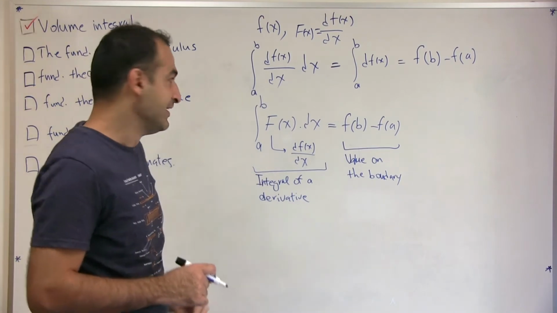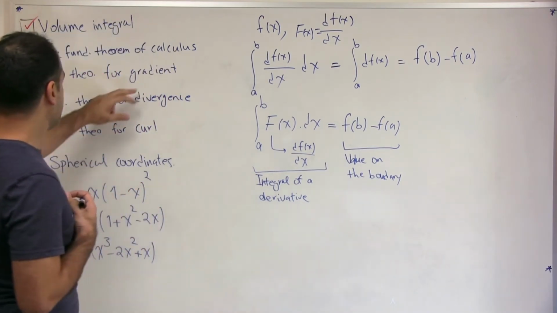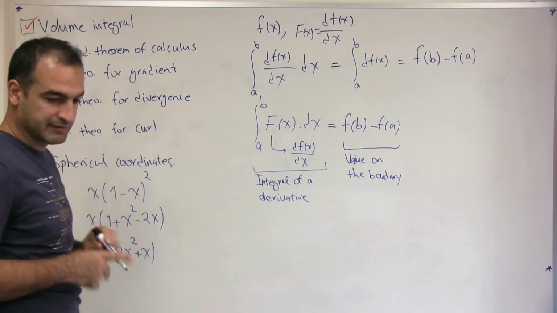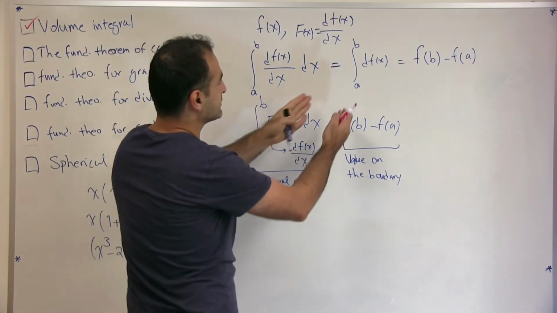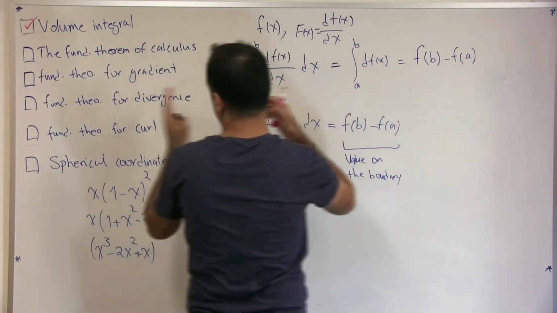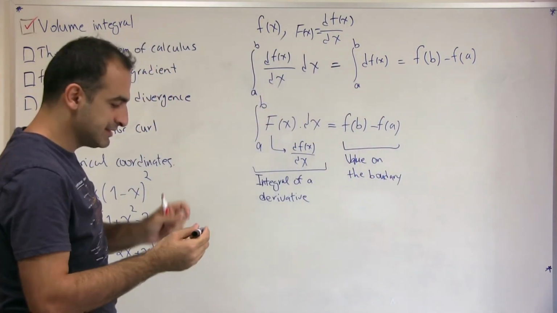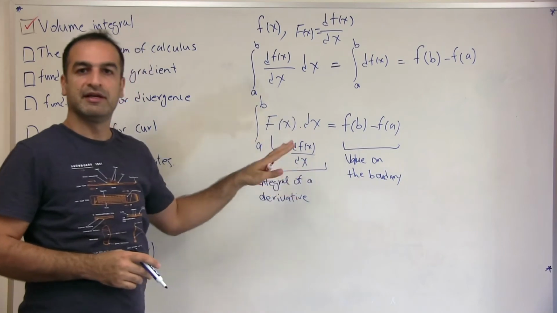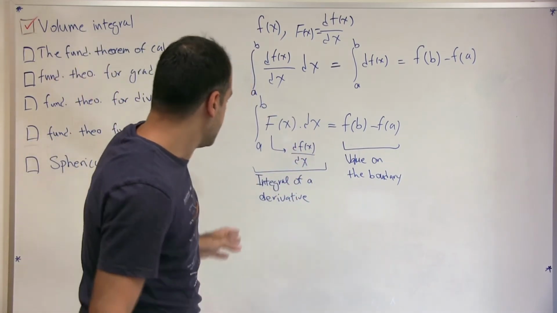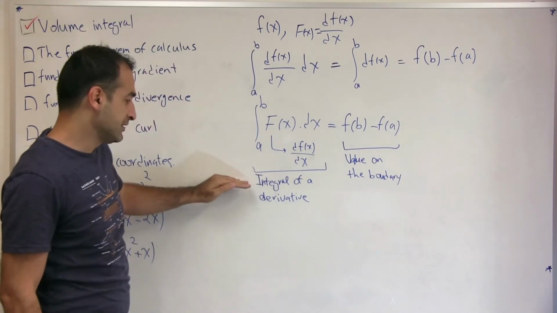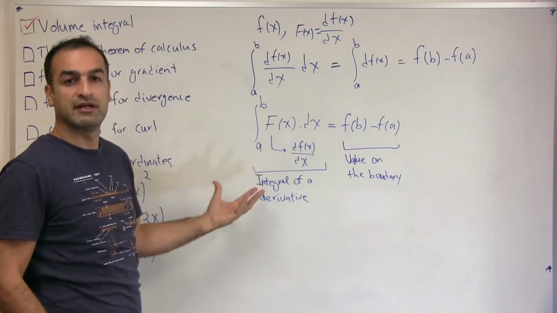Okay, so now I'm going to discuss it in terms of the gradients. I want to construct something like this, but based off the gradient. But before that, let's look at some geometrical interpretation of this. Let's see what it means, the integral of the derivative.